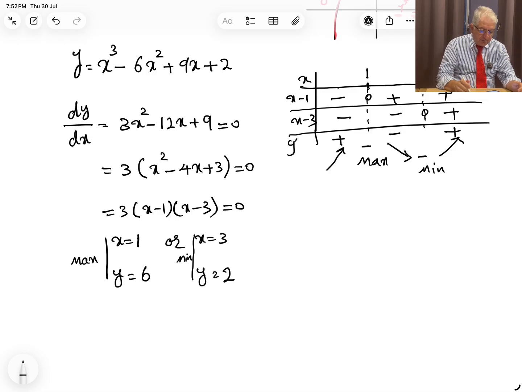You may argue that because 6 is more than 2, therefore 6 is maximum, 2 is minimum. Actually, this argument is correct only if we know that this function is a continuous function, and also there is no other maximum or minimum.